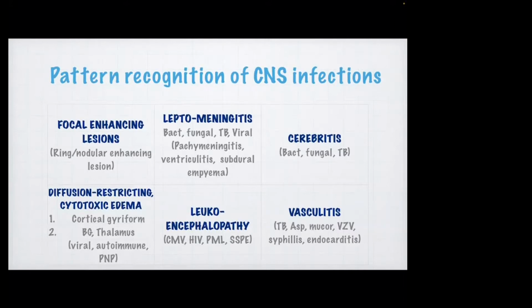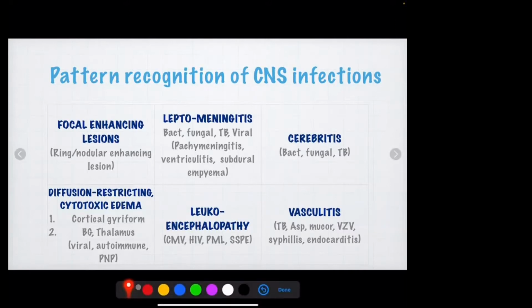The pattern, just a minute. Yeah, this is very interesting. Cerebritis would have mainly vasogenic and interstitial edema, while a diffusion restricting cytotoxic edema is what we commonly see in most viral encephalitis.